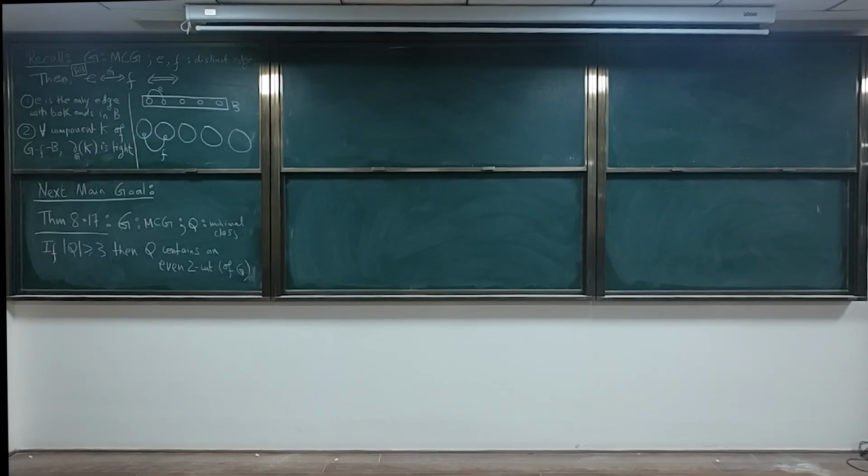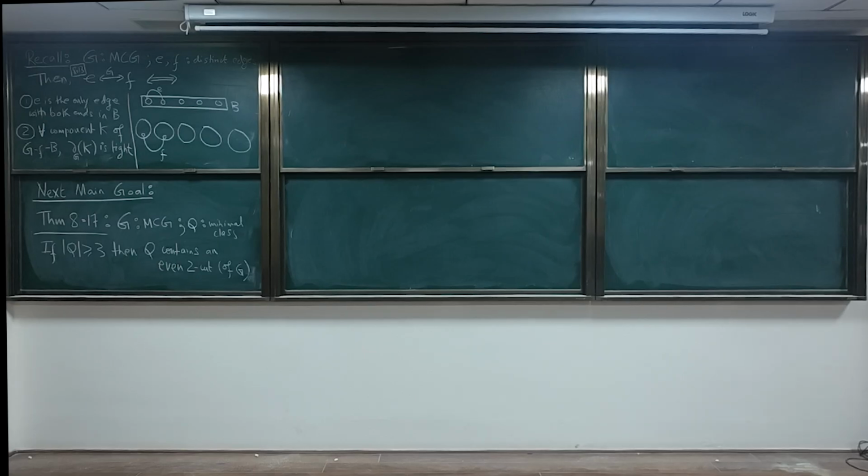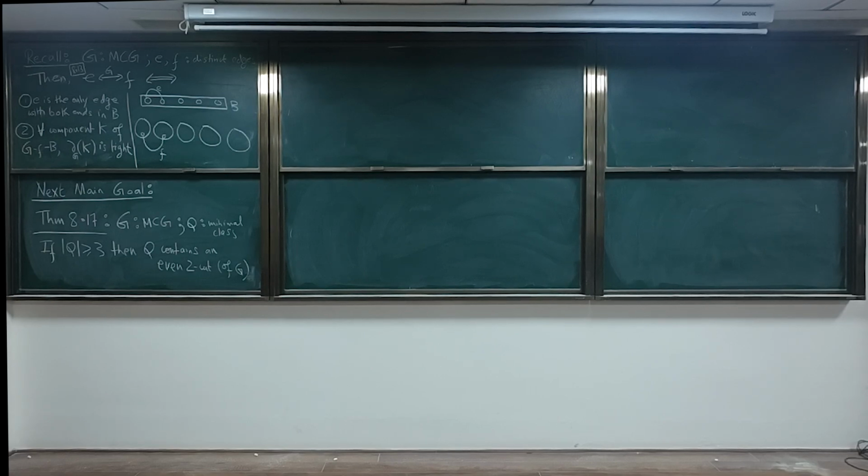If I give you a minimal class, let's say it has 10 edges, so its cardinality is at least 3, then in that set of 10 edges there will be two edges that comprise an even two cut of the graph. In particular, when you delete Q, the graph will disconnect. Therefore, such a minimal class cannot be a removable class. The conclusion is that a removable class in any matching code graph has cardinality 1 or 2.